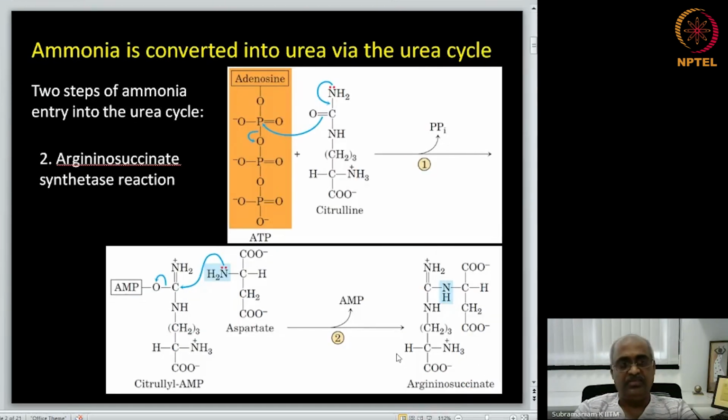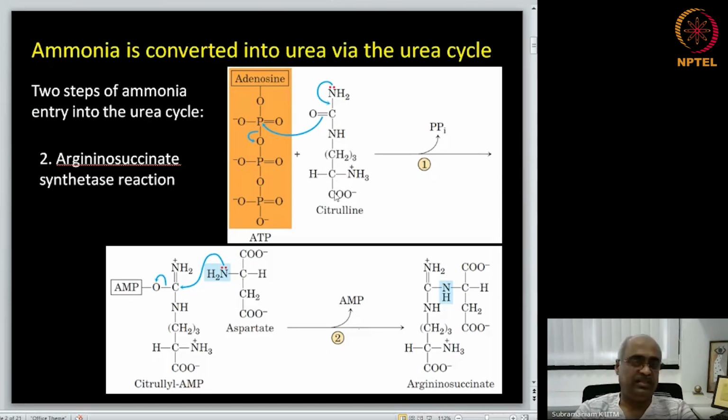The second one happens at another step in the urea cycle, which is entry in the form of aspartic acid. The amino group of the aspartic acid is combined with citrulline, which we will see in a minute as part of the urea cycle.